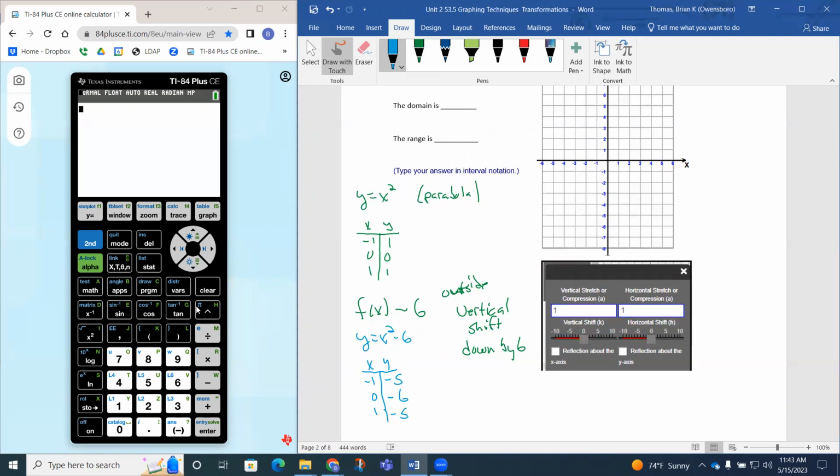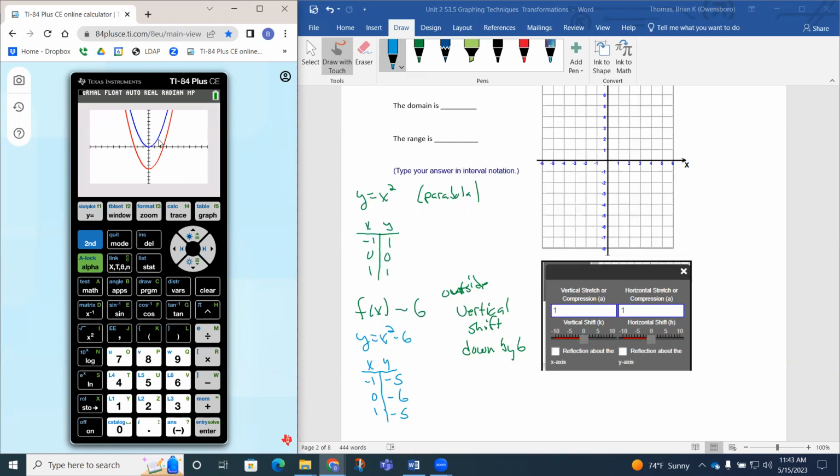So if I was on the graphing calculator, if I graph y equals x squared, the parent function, then if I graph x squared minus 6, if we graph those two, notice that the parent function is right there at the origin.